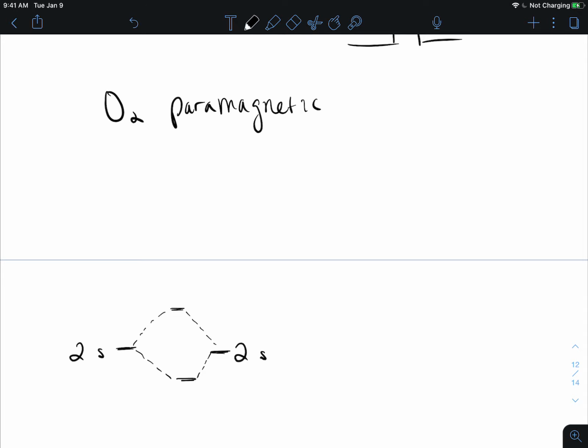Orbitals overlapping, and then our 2p orbitals. And remember, with O2, we don't have the sp interactions, so they're going to behave exactly like we'd expect.